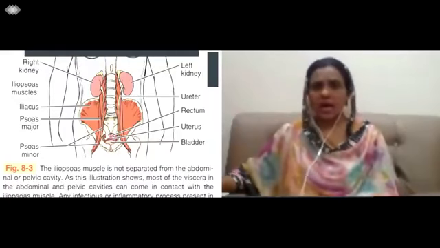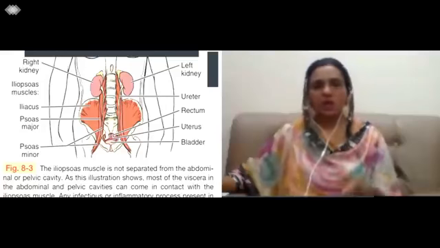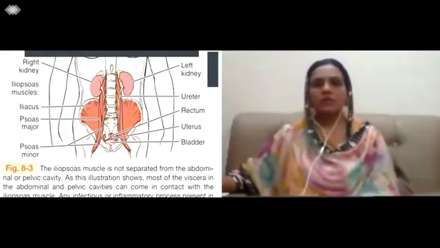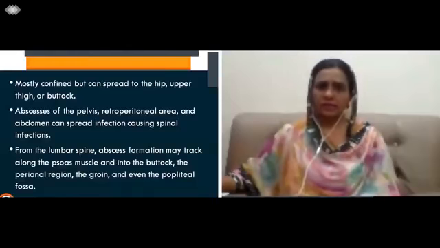It is because they are not separated from the abdominal cavity or the pelvic cavity, as you can see in this picture, that most of the viscera and pelvic cavities are in contact with the iliopsoas muscle. So any infection that is there, or peritonitis, can involve these muscles, and that can cause silent symptoms.